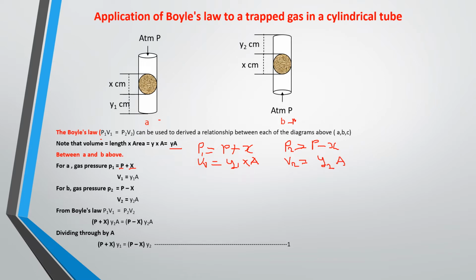So if we now apply Boyle's law, we have that P1 V1 equals P2 V2. So this is where the application of Boyle's law comes in.